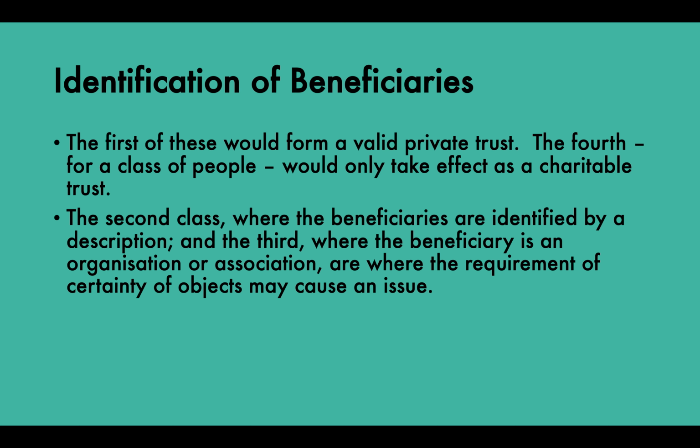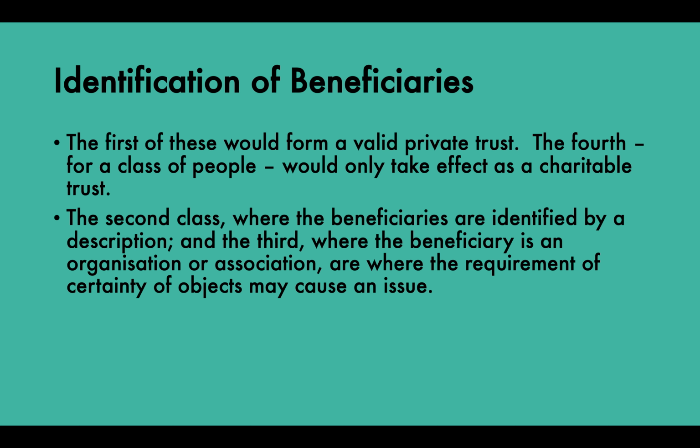So the named individuals, like my wife Jill, that's fine. The objects are certain. The fourth class, a general class of people, that's going to be a discussion for charitable trusts, a separate remit that we can deal with later. So it's really these 2 middle groups that we need to be dealing with. There are lots of difficulties with upholding a trust where the beneficiaries fall under the second one, a group defined by a description, and the third one, an organisation or association.